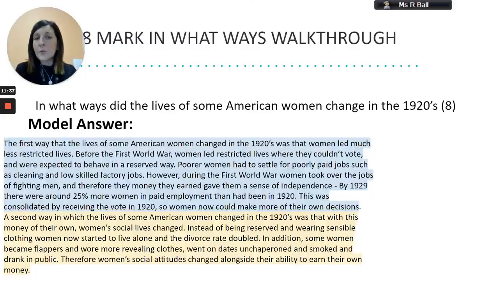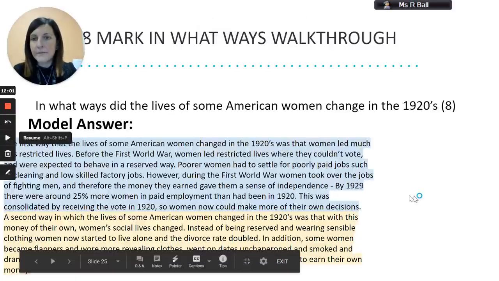Once the First World War happened, though, women took over the jobs of fighting men, and therefore the money they earned gave them a sense of independence. By 1929, there were around 25% more women in paid employment than there had been in 1920. And that was consolidated by the fact that in 1920, they also received the right to vote, which would mean they could now make more of their own decisions.